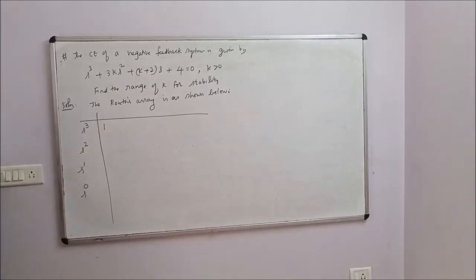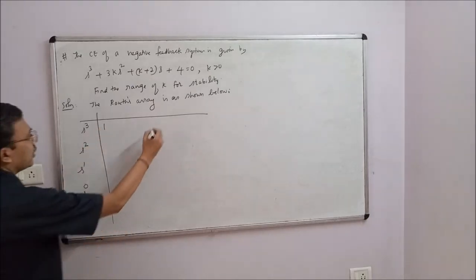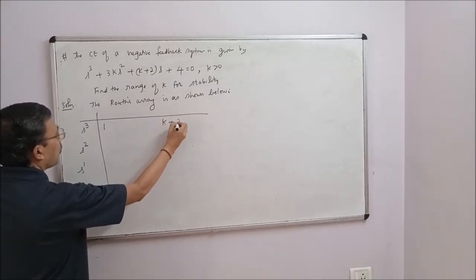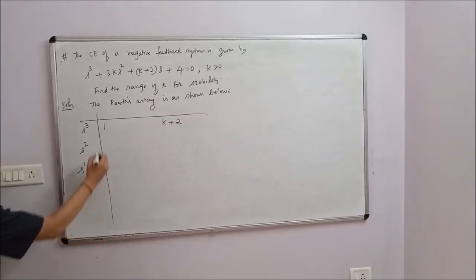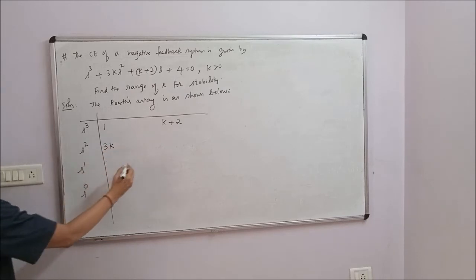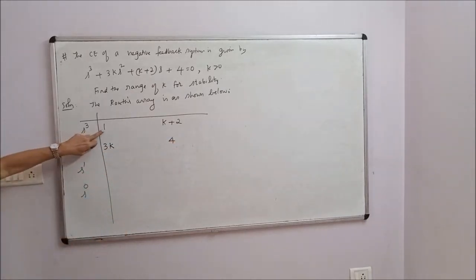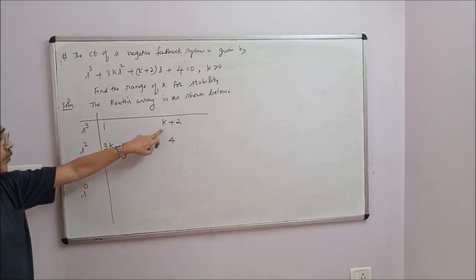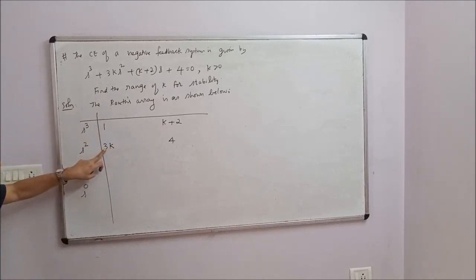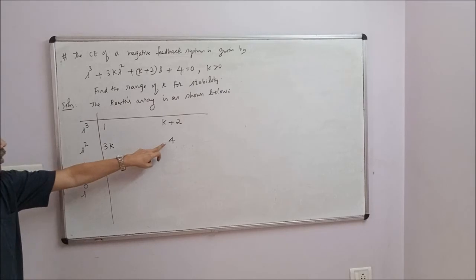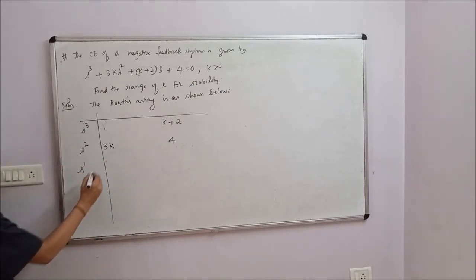This is the coefficient of s to the power 1, this is the coefficient of s to the power 0, this is the coefficient of s square, and this is the coefficient of s to the power 0.